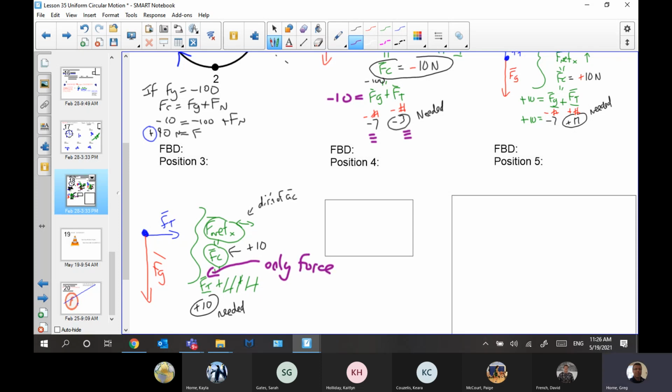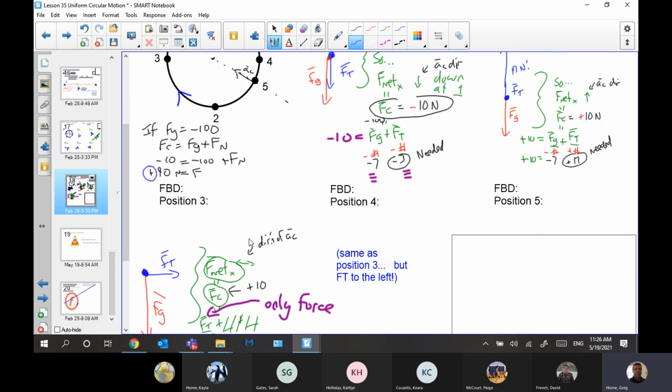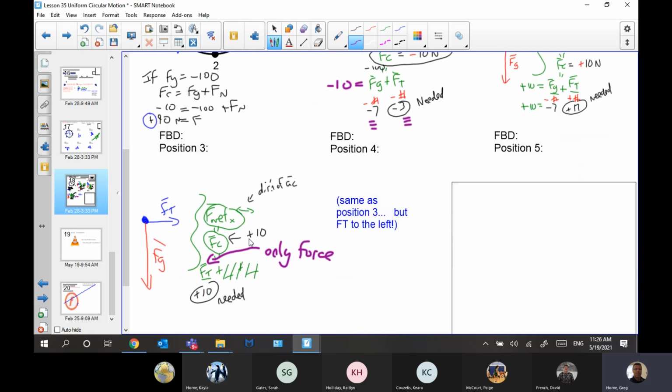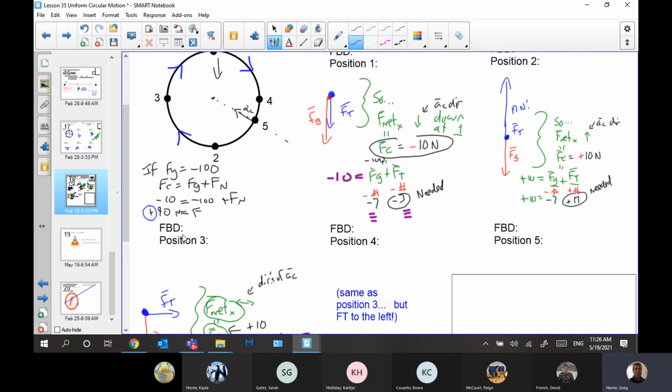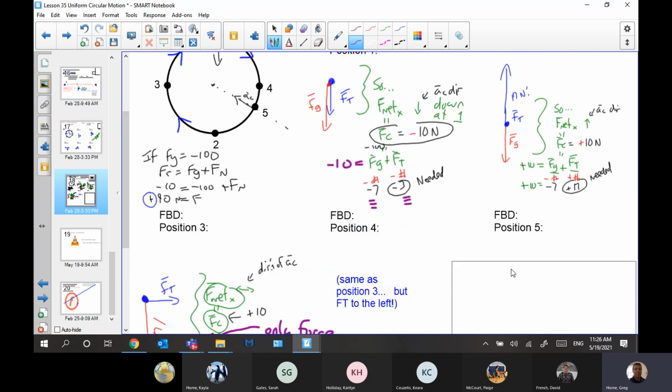The only force that's affecting circular motion is the tension force sideways, right? So basically the tension force would have to be 10. And repeat that analysis for position 4, but it'd be to the left. So this was 4 and 3, whatever. So tension force would be to the right. It looks like I labeled it backwards, but anyways.